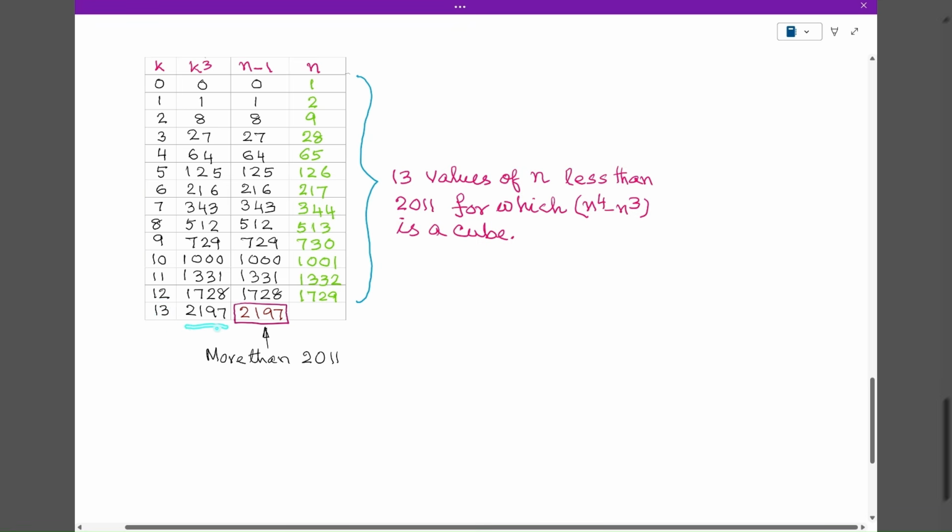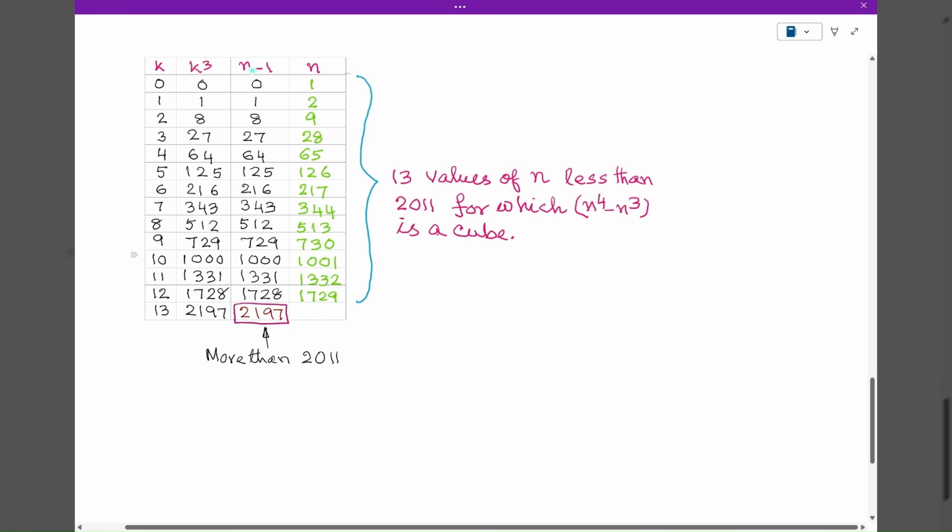Now 2197 will be more than 2011. Therefore, the last row is not acceptable. Corresponding to each value of k^3, n - 1 will have the same value, that is 0, 1, 8, and so on. Finally, 1728, and 2197, which is not acceptable.